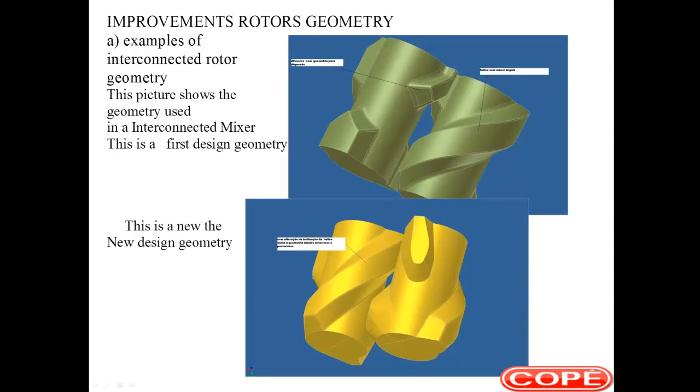One aspect that's very important is the rotor design. In this picture you can see the first, old geometry that was used for interconnect rotors, and the second one, the new geometry for interconnect rotors.